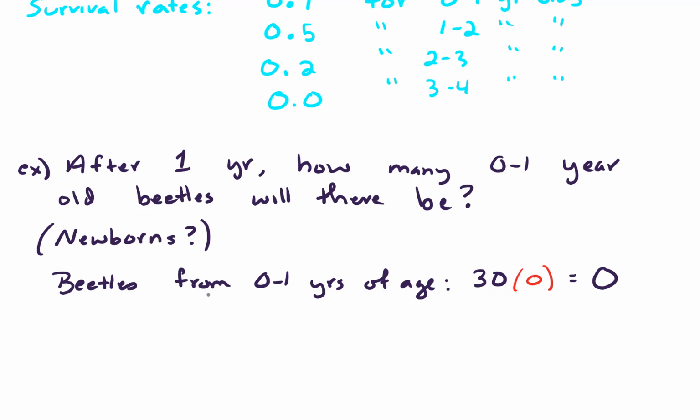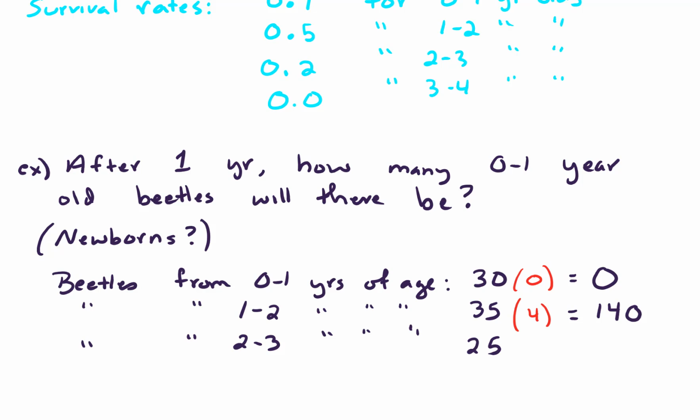The beetles from our age category 1 to 2 years of age, we had 35 of those beetles, and their breeding rate turned out to be 4. So what we expect from them would be 35 times 4. Next, beetles from the age class 2 to 3: we had 25 of those beetles, their breeding rate was 2, and so that's 50.